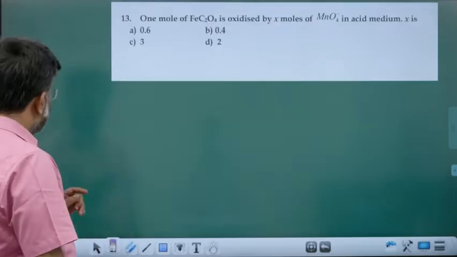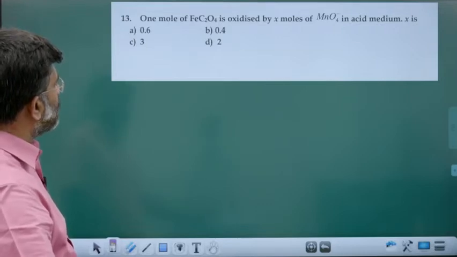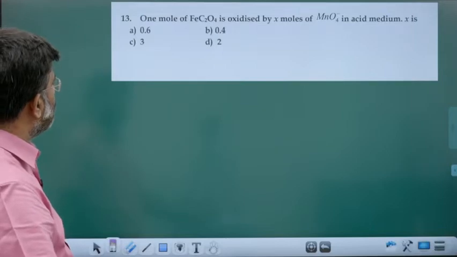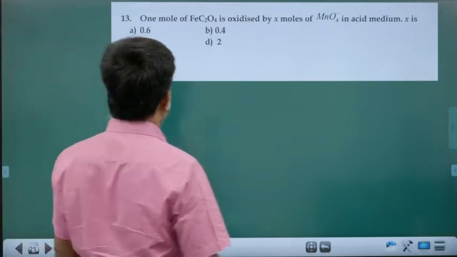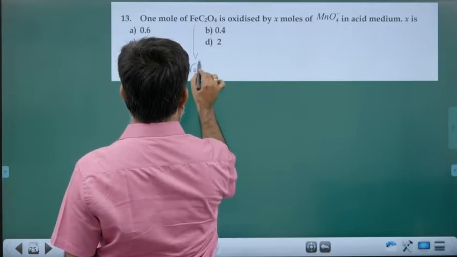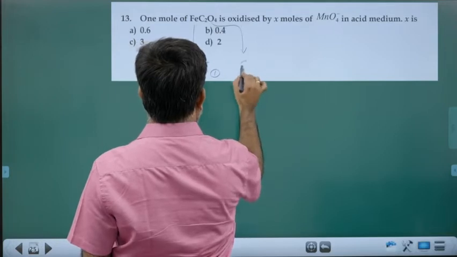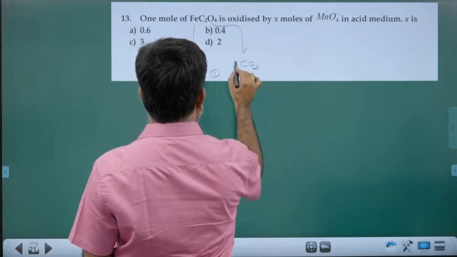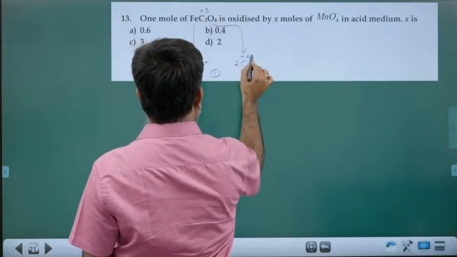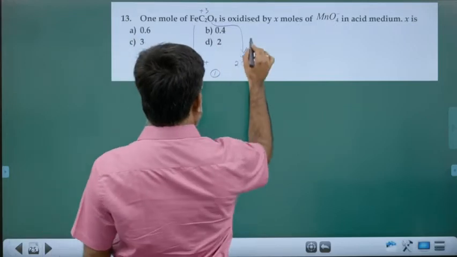Option A. 1 mole ferrous oxalate is oxidized by X moles of permanganate in acid medium. We already did this. Ferrous is oxidized to ferric, N factor 1. And oxalate is oxidized to carbon dioxide, where carbon goes from +3 to +4, 1 per carbon, and with 2 carbon atoms it will be 2.